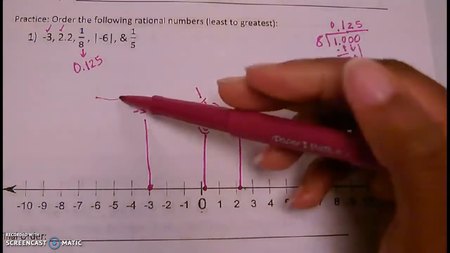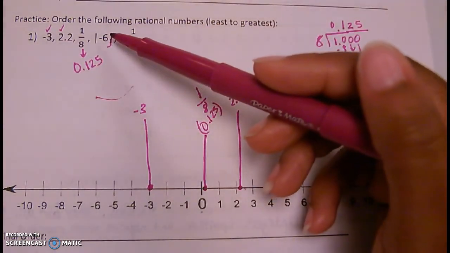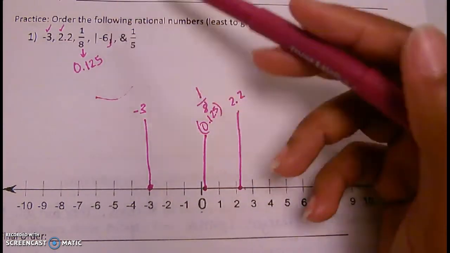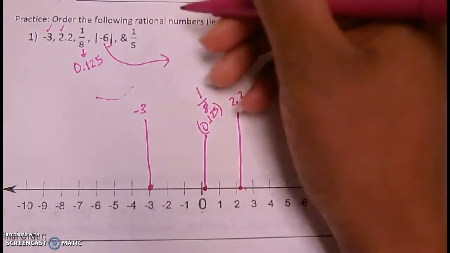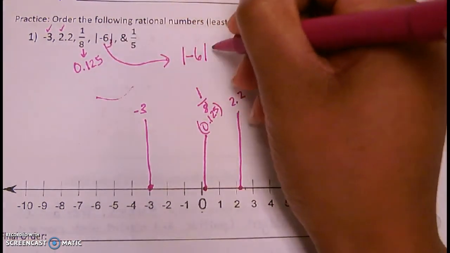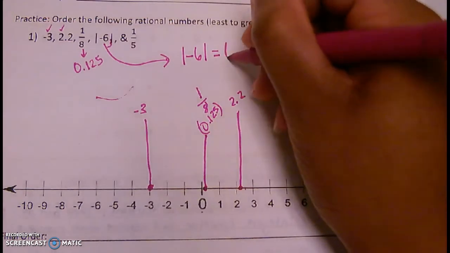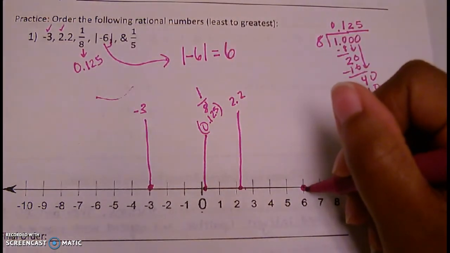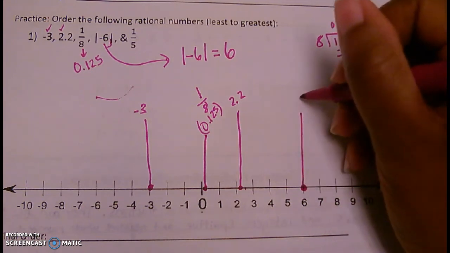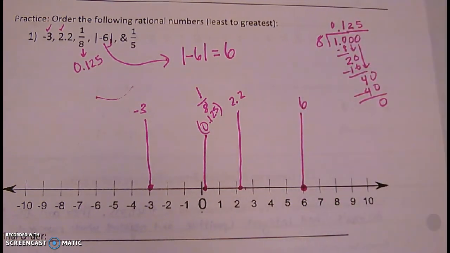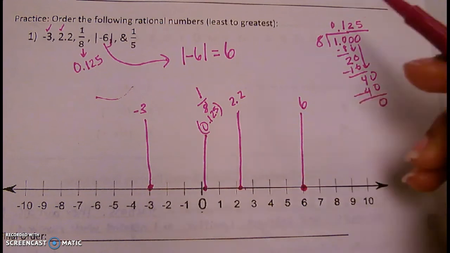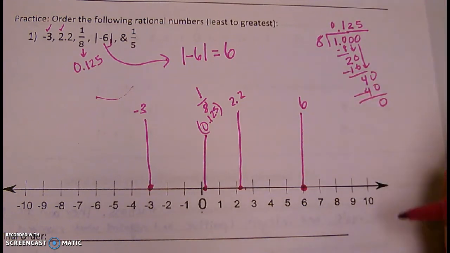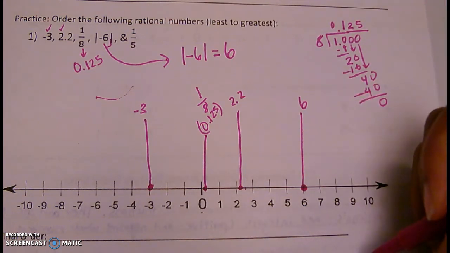Okay. Next, I have the absolute value of -6. I'm going to come over to the side and figure out what that is. The absolute value of -6 is 6. So I'm going to find 6, plot it. There we go. And last but not least, I have 1/5. Okay. Now, I am going to do the same thing.